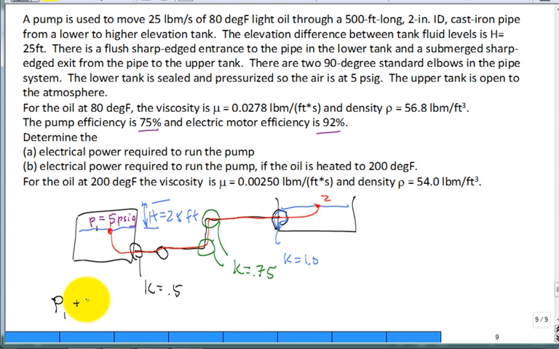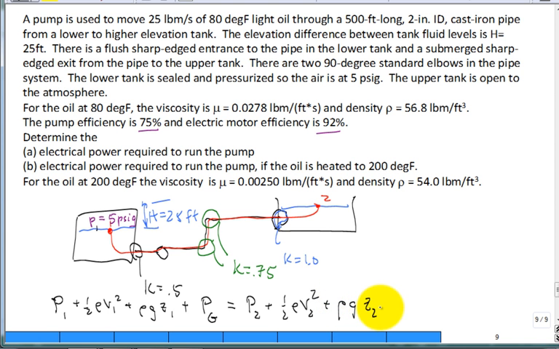P1 plus 1/2 rho V1 squared plus rho G Z1 plus any pressure gains in the system equal to P2 plus 1/2 rho V2 squared plus rho G Z2 plus any pressure losses.